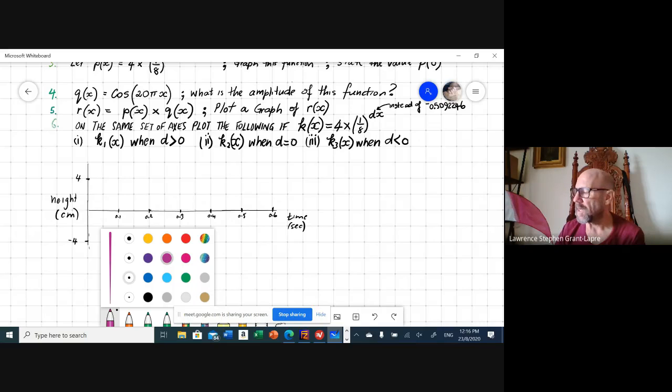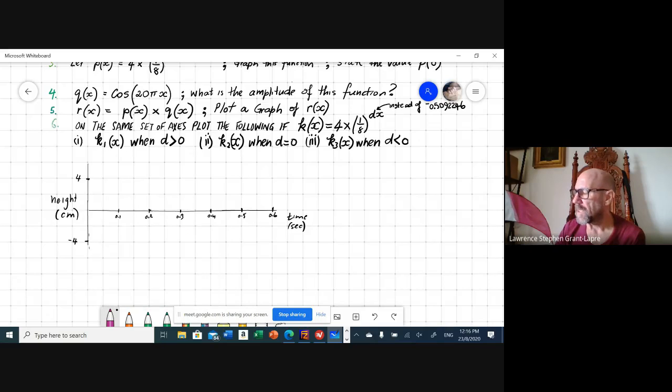So the first height starts at 4 centimeters. And then it's going to be 0.8 of 4, so 0.8 times 4, it's going to be a height of 3.2 at 0.1 seconds.